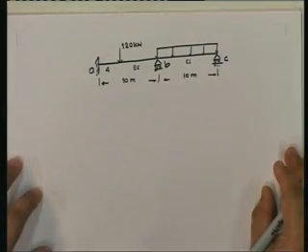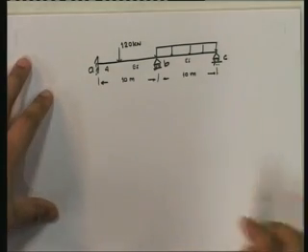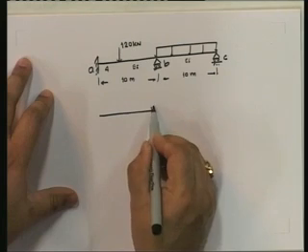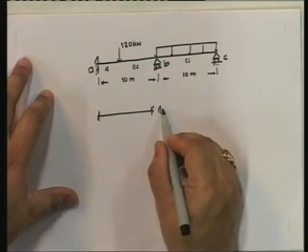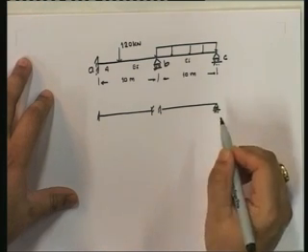Same problem, excepting that this time I am going to consider AB as my clamped member, but BC I am going to consider as the modified member.